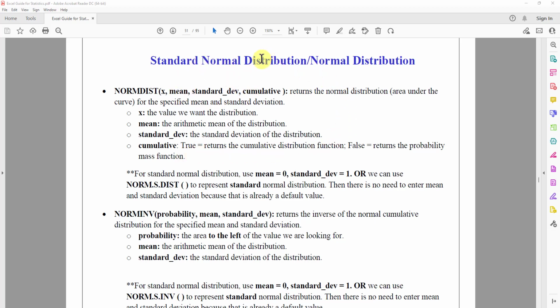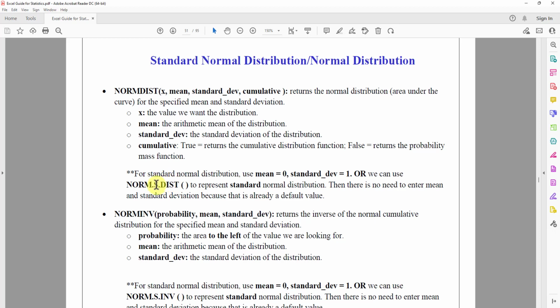For the standard normal distribution, we will use the mean of 0 and the standard deviation of 1. Remember, the standard normal distribution is just the normal distribution, but the mean is 0 and the standard deviation is 1. Or you can use the function NORM.S.DIST.